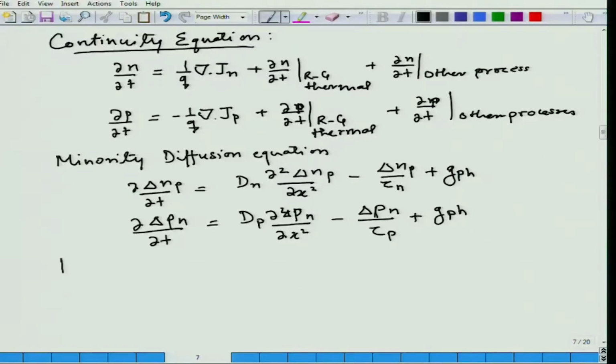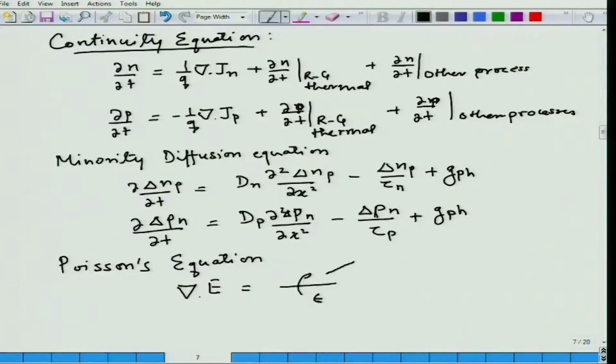For that we use another equation which we have not discussed with the equations of state, but it is needed to solve the continuity equation, and that is known as Poisson's equation, which relates the electric field in the semiconductor: the gradient of the electric field is given by the charge density divided by the dielectric constant of the semiconductor.